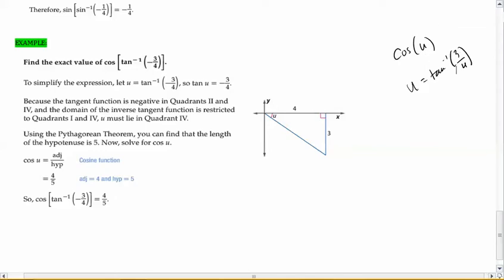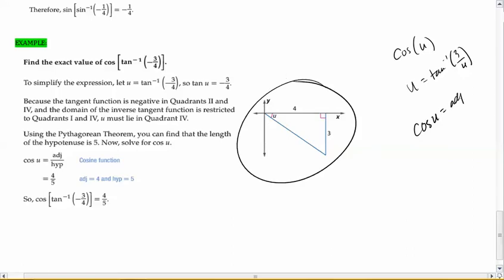That means that the cosine of u, if we get this triangle out of that, we have adjacent over hypotenuse, which would be equal to 4/5. We got our 3, 4, 5 triangle going here, right? If we have 3/4 as our tangent, we have our opposite over our adjacent. That means our hypotenuse, if we do Pythagorean, we're going to get 5 over here, and our cosine of that is going to be equal to that 4/5.